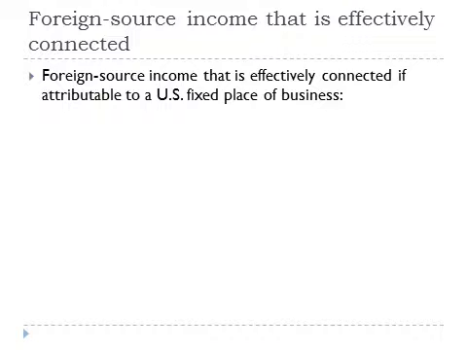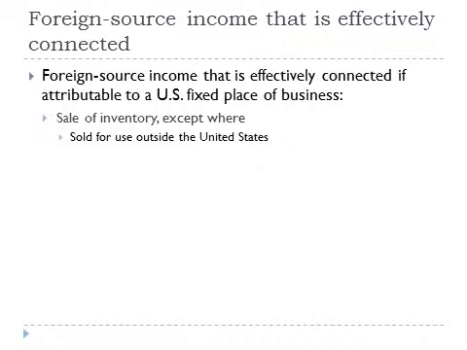Such income can include sales of personal property in the ordinary course of business, that is, inventory, except where the inventory property is sold for use outside the United States and a foreign office or other fixed place of business of the taxpayer participates materially in the sale.